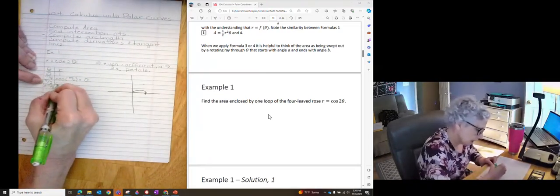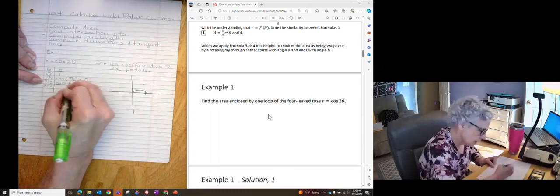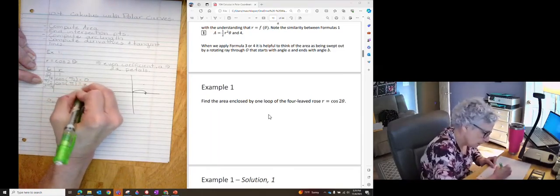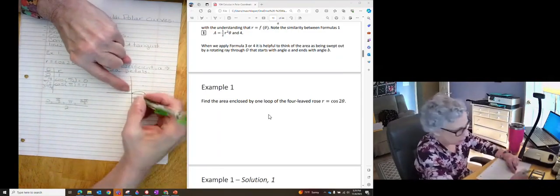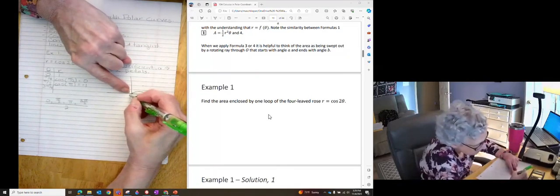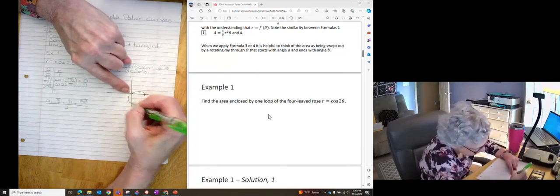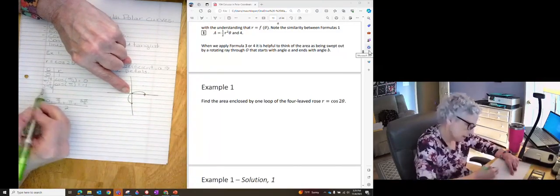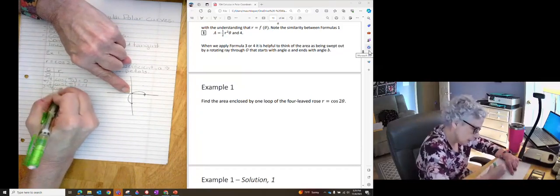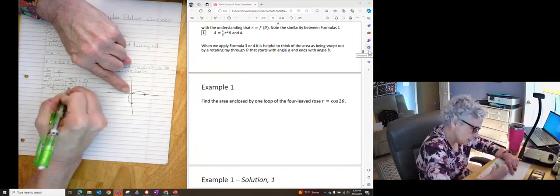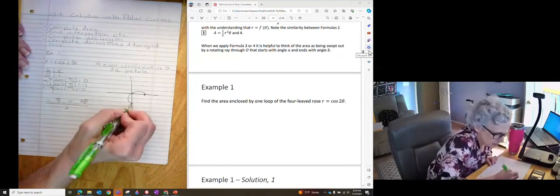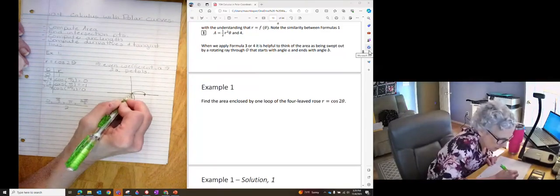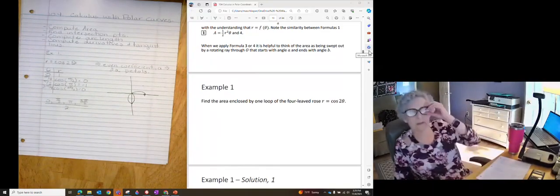I plug in pi halves, would be cosine of pi, which is -1. So at theta equals pi halves, we flip to -1, which is down here. And then at 3 pi over 4, I'm at cosine of 3 pi over 2, which is back to 0. So I'm back to here.